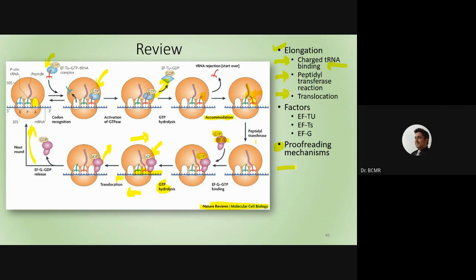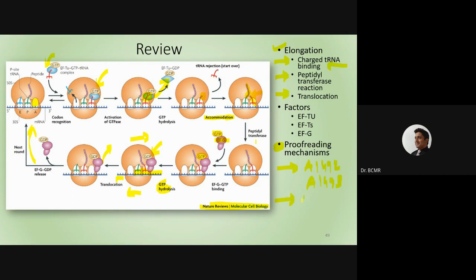In proofreading, we learned about decoding. We learned about the A1492 and A1493 bases, two adenines that check whether the codon and anticodon are base paired properly or not. Second is the fitting of EF-Tu into the decoding center, the factor binding center, which is responsible for GTPase activity initiation.